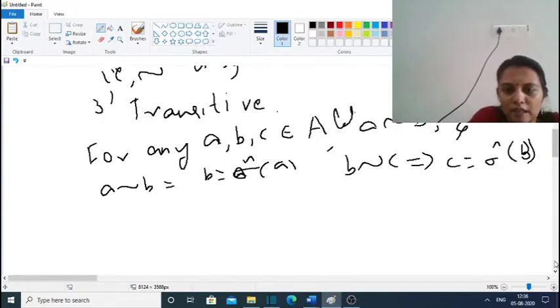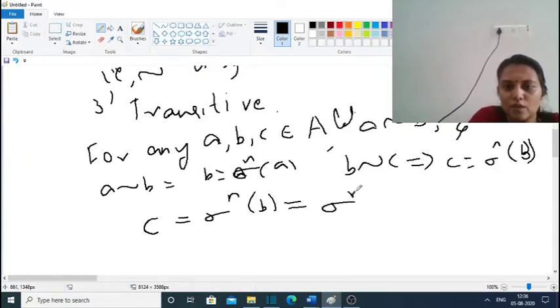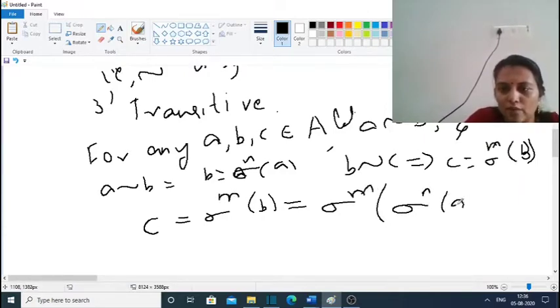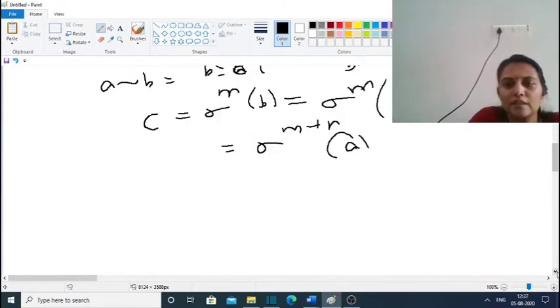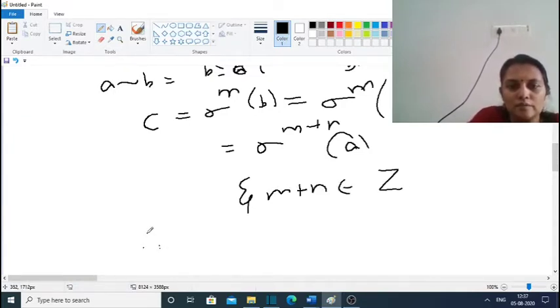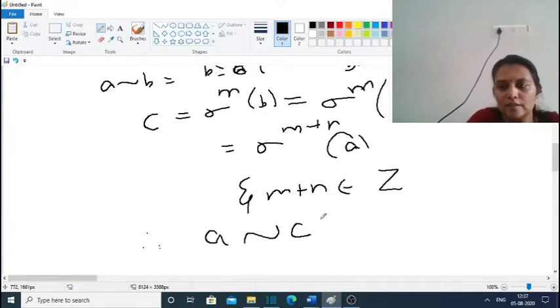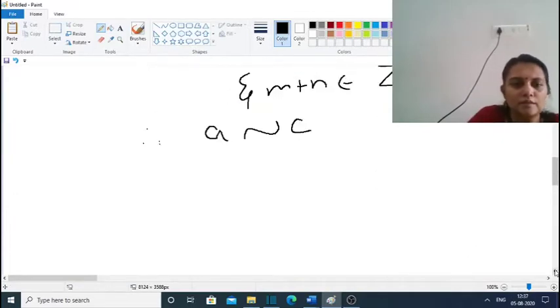Now we have to show that a is equivalent to c. For that, c is equal to sigma raised to m of b, which is equal to sigma raised to m of sigma raised to n of a, which is equal to sigma raised to m plus n of a, and m plus n is an element of Z. Therefore a is equivalent to c, that is, transitive.